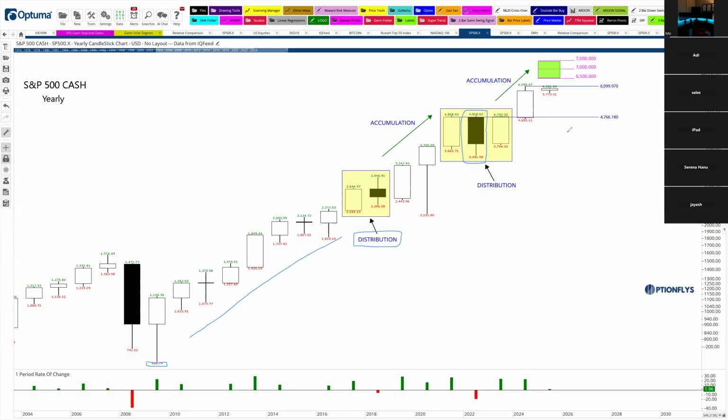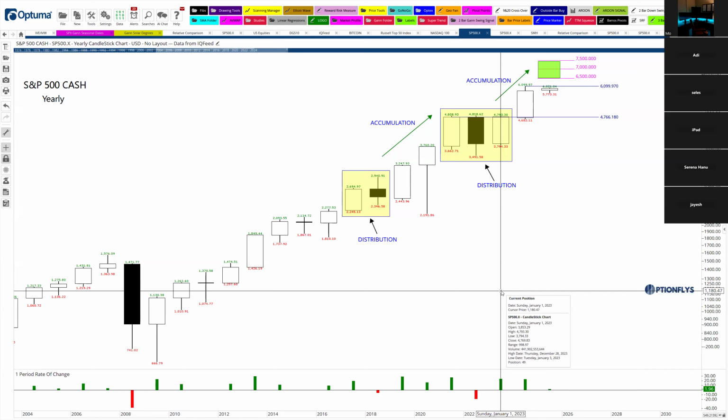If you notice what the market was doing, and I have had these yearly bars for a long time, look at the highs here: 48, 48.18, 47.93. I'm just looking at this, and this is 2023.